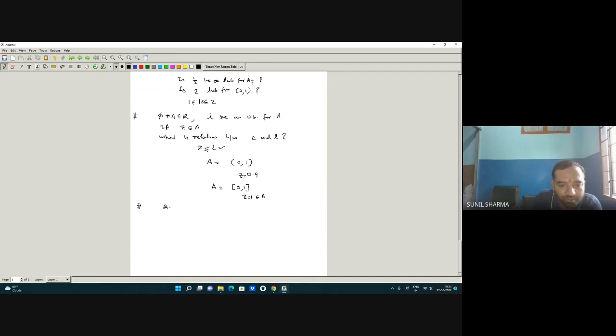Let A be any non-empty subset of the real numbers R. L is an upper bound for set A, and L belongs to A. So what is the least upper bound for set A?